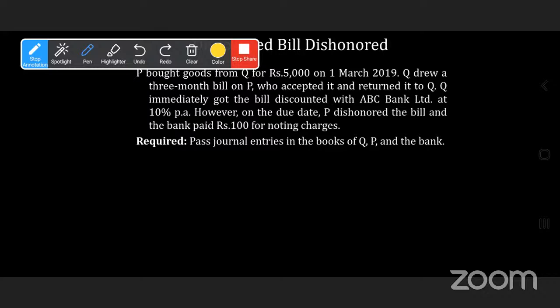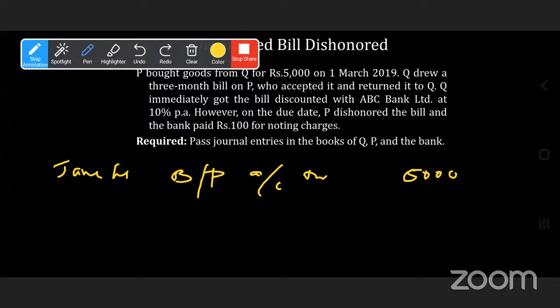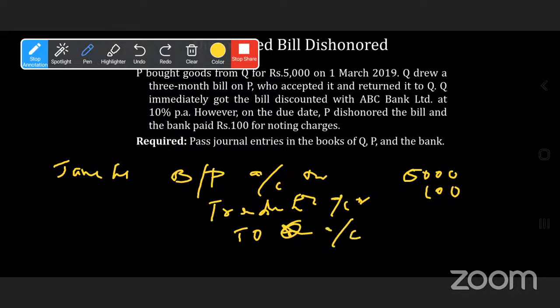Now on the due date, the bill got dishonored. Now you have to write, on June 4th, bills payable account debtor 5,000, trade expenses, that is the noting charges, trade expenses account debtor 100, to Q account 5,100.